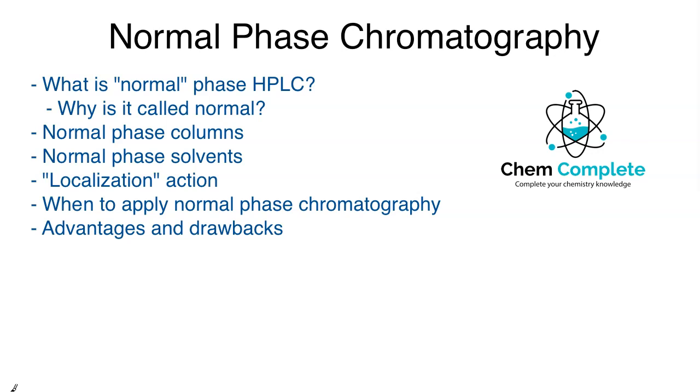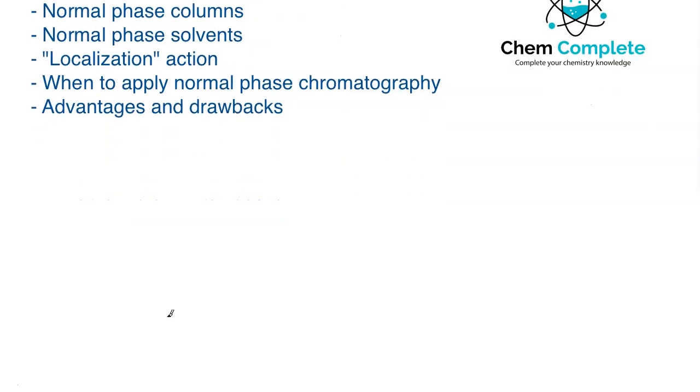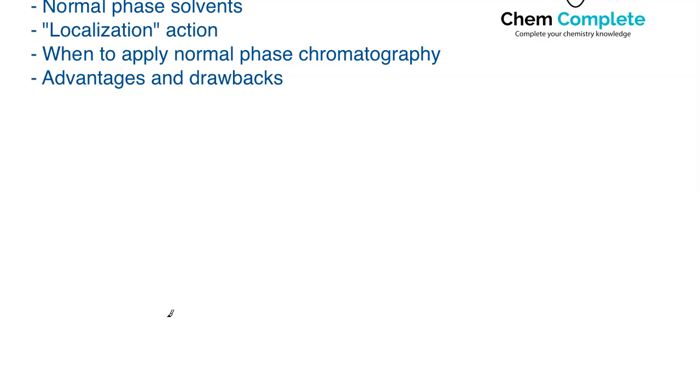All right. So first of all, what is normal phase HPLC and why do we call it that? Well, the reason that it's called normal phase HPLC is that it was originally the first way that HPLC was utilized or implemented.